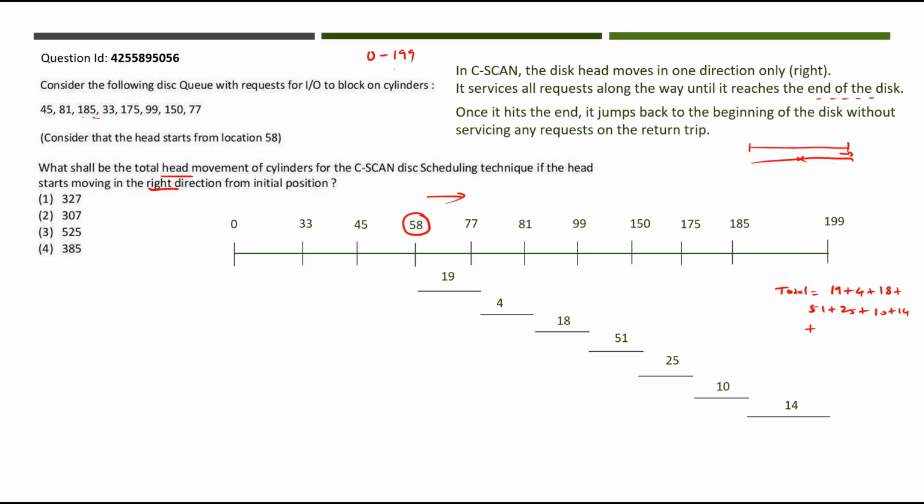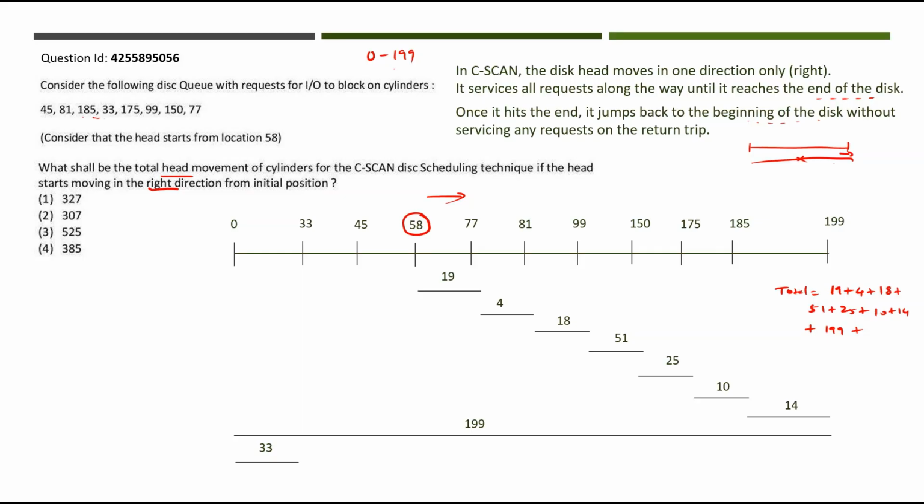From 199 it has to jump back to the beginning of the disk, which is 0. What is the total number of movements? 199 movements are involved, just returning back to the beginning of the disk without servicing any request. After it comes to 0, it will service the request again in the right direction.